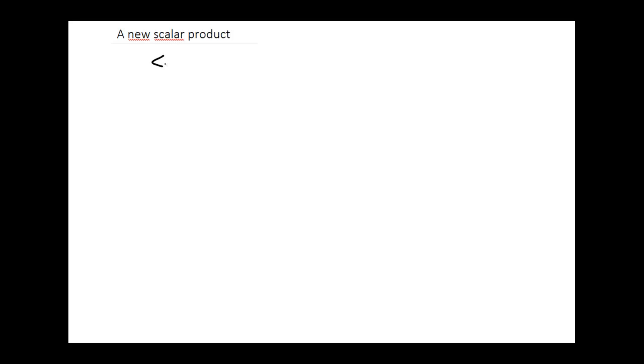And let me define an object, A scalar product with B, and I use new symbols here. I no longer use the dot as for the ordinary scalar product, but I use these brackets to denote this different kind of scalar product. And let me define that as vector A, and now the ordinary scalar product with matrix T acting on B. So T is the matrix that we had introduced in the context of the kinetic energy.